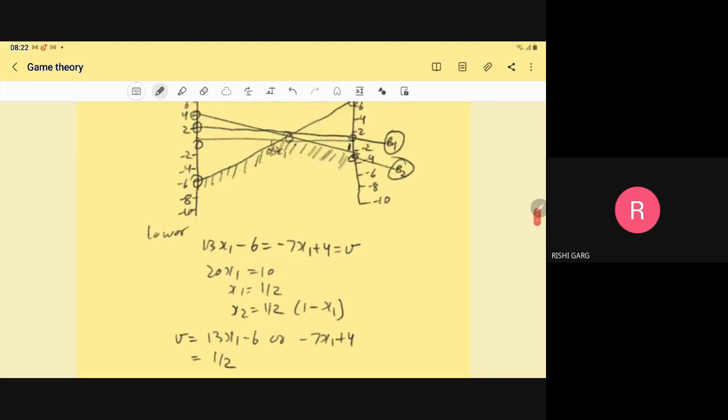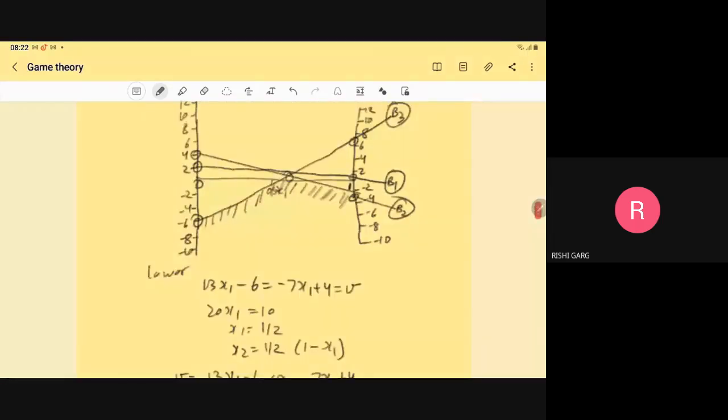From here you can see that this is 0.5, and here the value of the game is also 0.5.